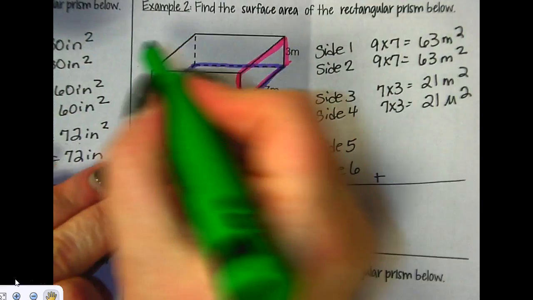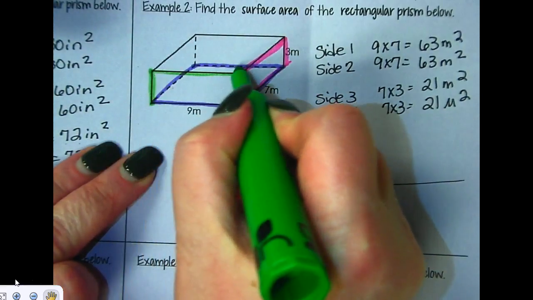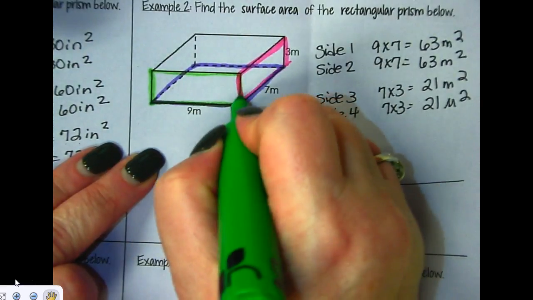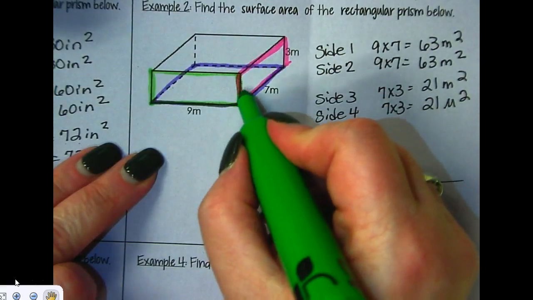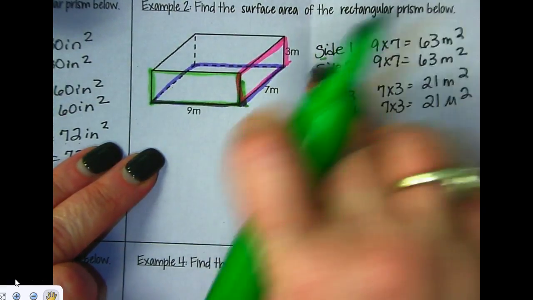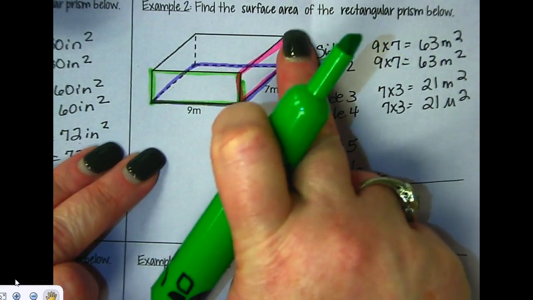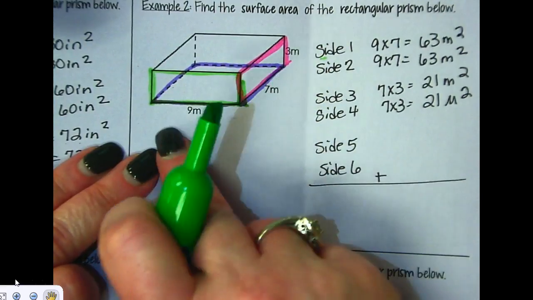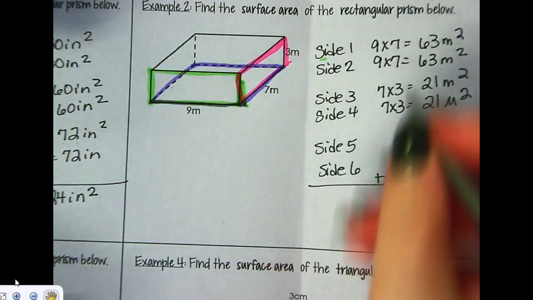Front and back. So it's this right here. So the 9's pretty easy, but what's the height here? 7. No, right here. Right here. 3. There's not an 8 on there. 3. So if the height here is 3, then the height here is 3. 9 times 3 is 27 meters squared.